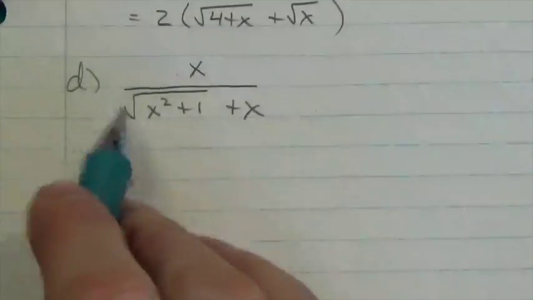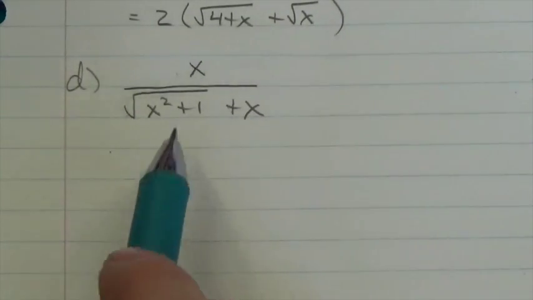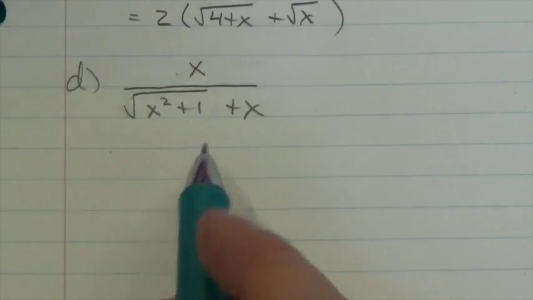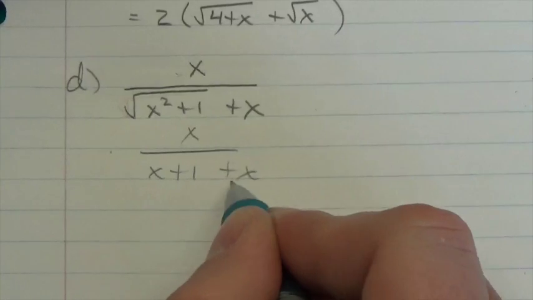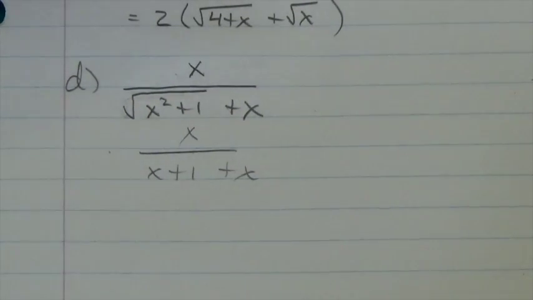Now, when I ask someone to rationalize this for me, I will often get people that will do this wrong. They'll say, oh, it's the square root of x squared plus 1, that's so easy. The square root of x squared is x, the square root of 1 is 1, then we get the plus x. Look, this is so easy. It's because you did it wrong.